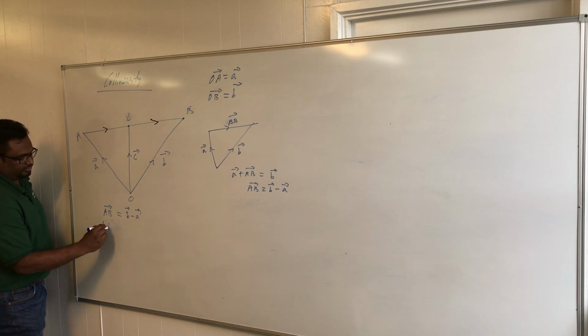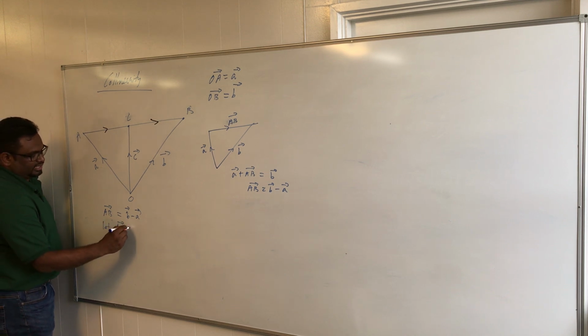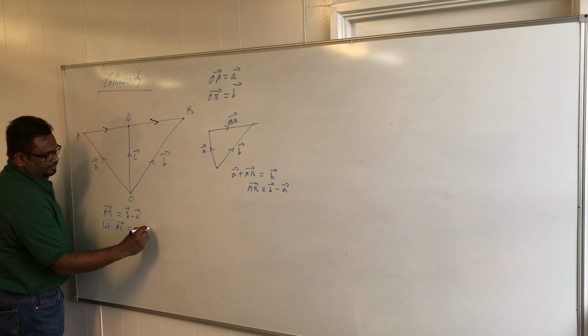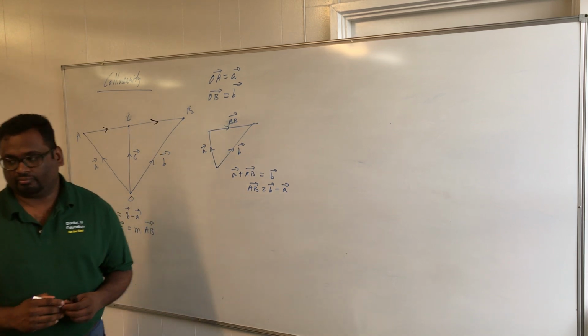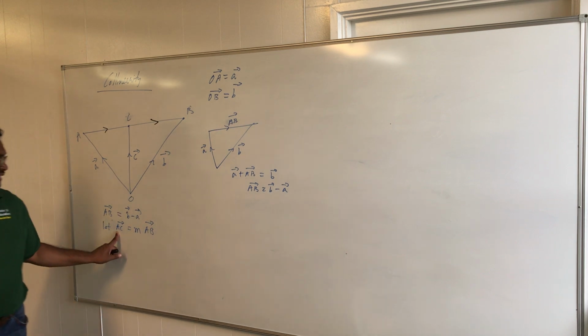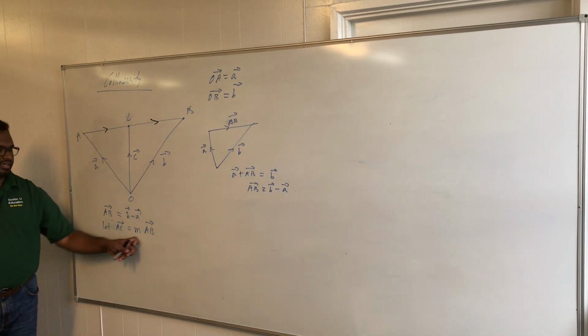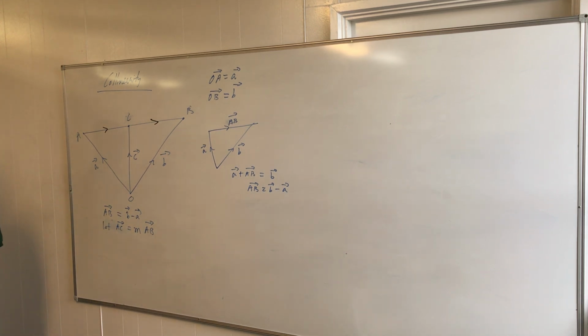Let AC vector be equal to M times AB vector. Now you tell me why. Can you tell me why I am putting this? Once I put this on the board, what is your logical thinking?